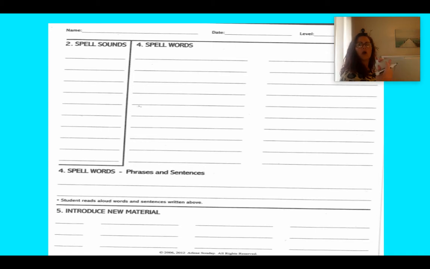So hopefully they will say, oh, okay, I know what you're talking about. And then they will say B. Okay, right. B makes the B sound. Okay. If you have this, cross it out and write B for B.